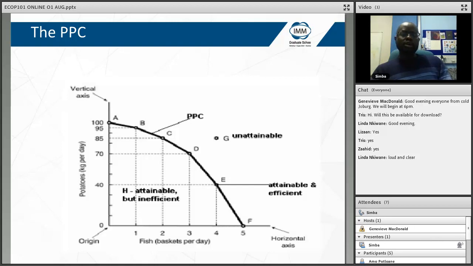So we now need to sacrifice more potatoes for us to get additional fish baskets. So that is increasing opportunity cost that you are going to find going down the curve. That is what also brings the idea of the concave shape of the PPC.